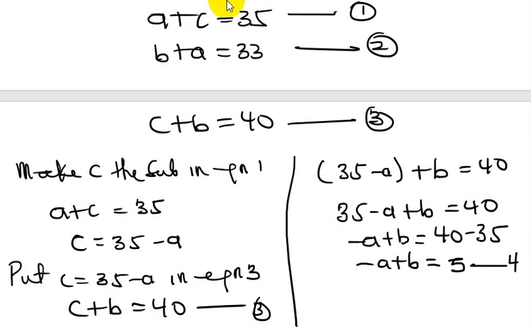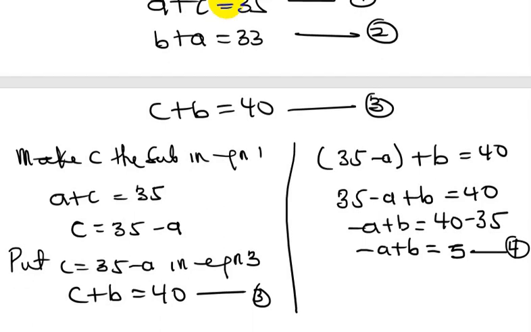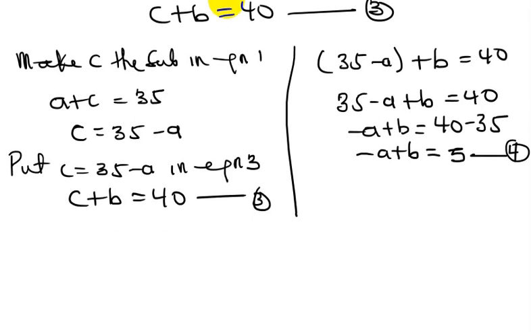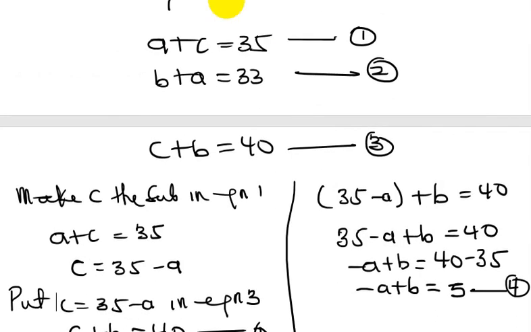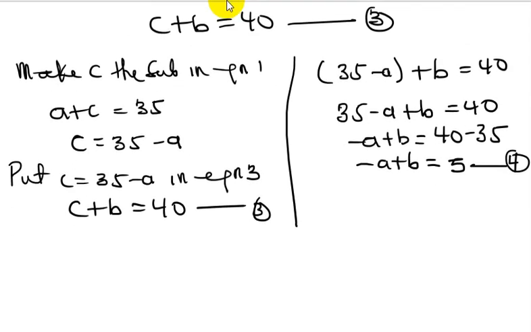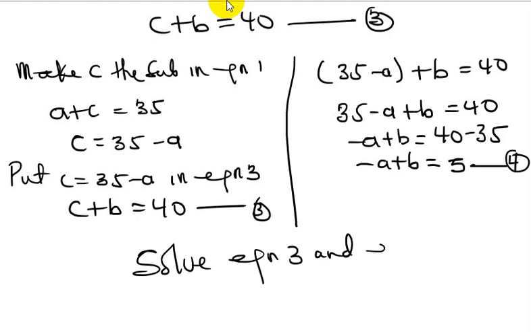Now we have A and B in equation 2 also and equation 4, the new equation, also has A and B. So we can solve equation 2 and equation 4 together. Is it clear? We can solve equation 2 and equation 4 together and see.